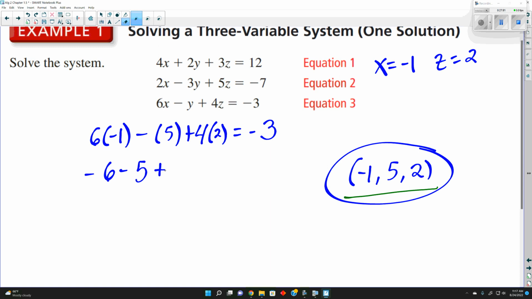Minus 5 plus 4 times 2 is 8. -6 minus 5 is -11 plus 8. And -11 plus 8 is -3, because we said it should equal -3. And if we plug these three numbers in for x, y, and z for any of these equations, we'll get a true statement. Both sides will be the same. And really, that's what we're looking for. We're looking for the point that all three equations will be the same.